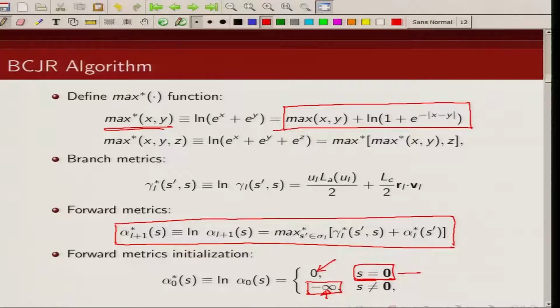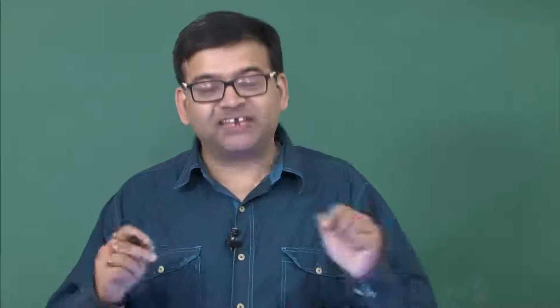That is why we are rewriting our forward recursion, backward recursion, and gamma in the log domain. So in our expressions where we had summation, that has now been replaced by the max star operator. Wherever we had multiplication, that has now been replaced by addition.